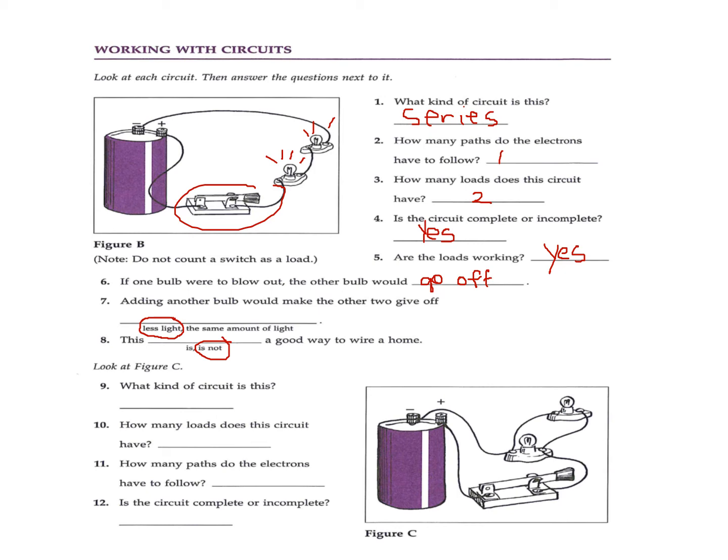If you look at this picture, this is parallel. One way to go this way, and then another way to go this way. So two ways. What kind of circuit is this? This is a parallel circuit.